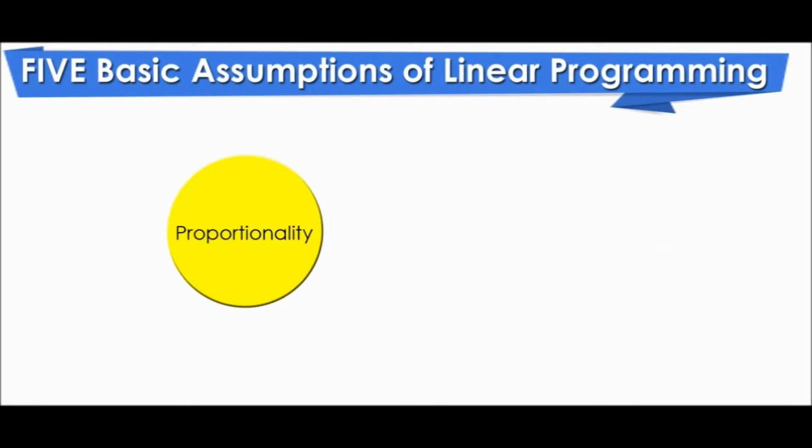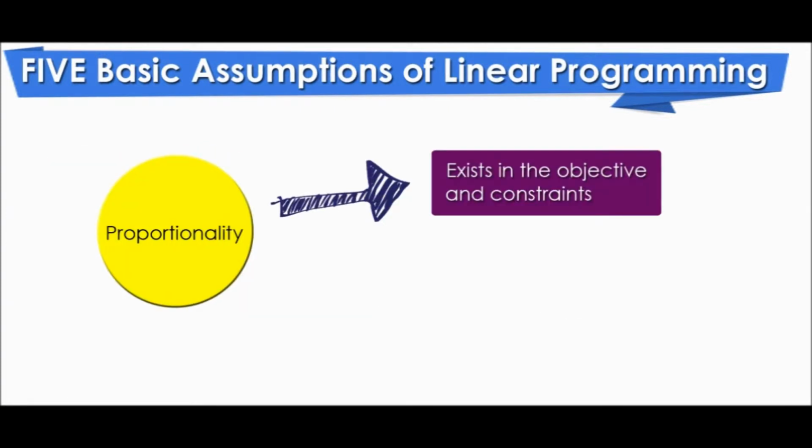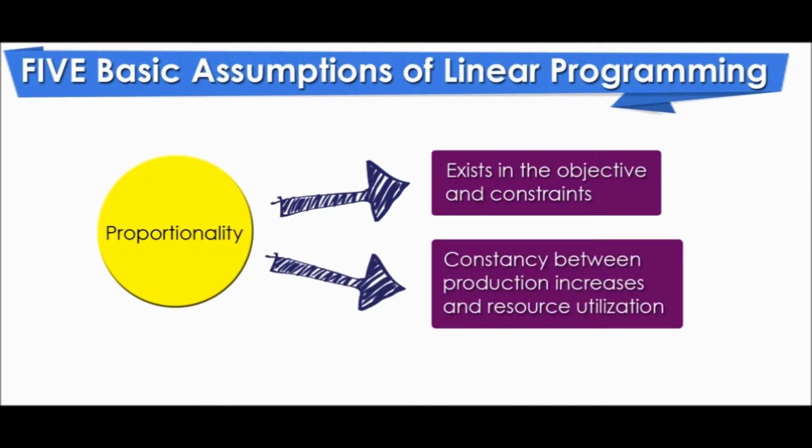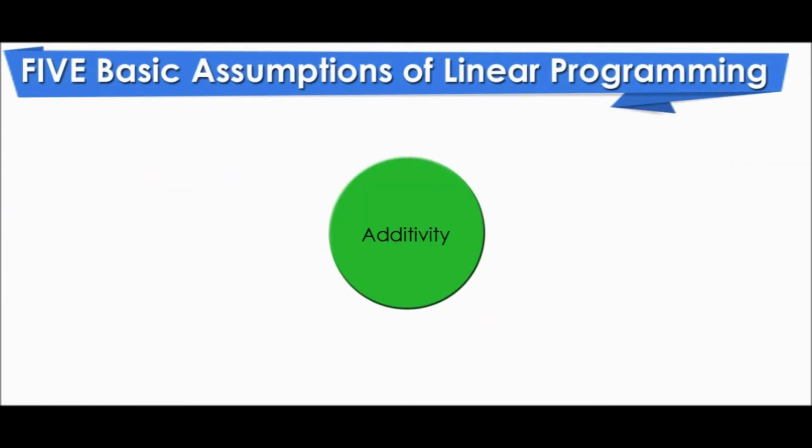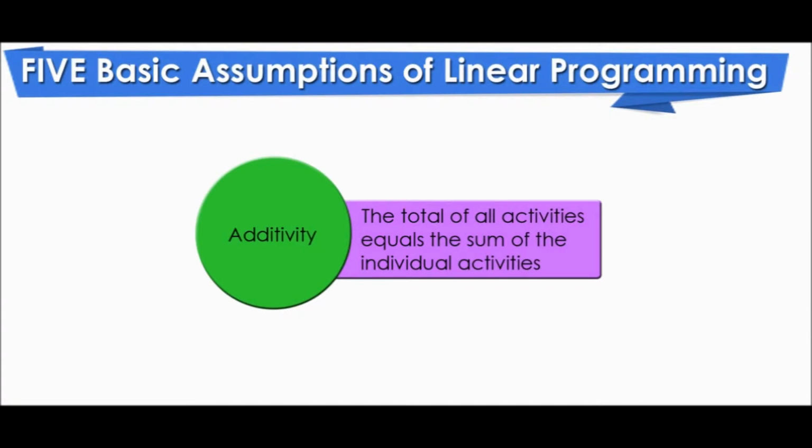For proportionality, it exists in the objective and constraint, and constancy between production increases and resource utilization. In additivity, the total of all activities equals the sum of the individual activities.